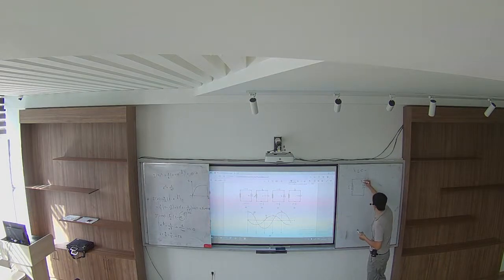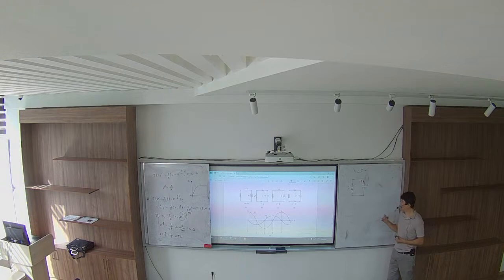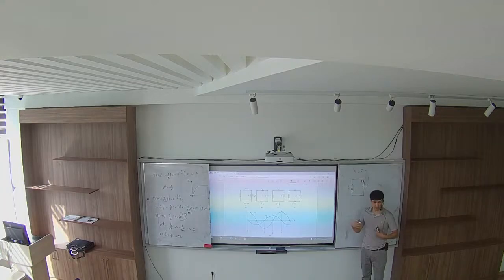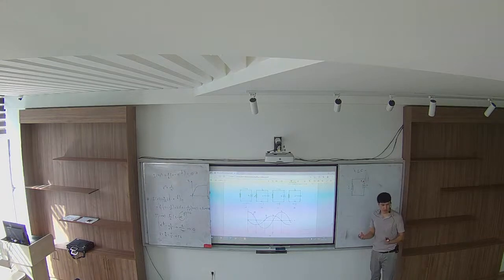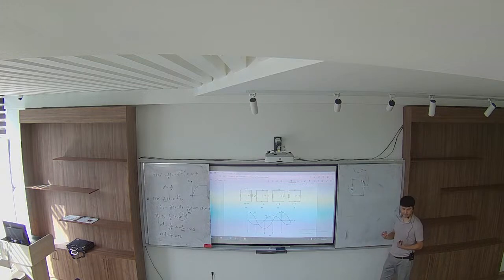But the inductor fights against this current, because the inductor doesn't want the current to go through. The inductor produces a magnetic field, and a changing magnetic field generates an induced EMF.